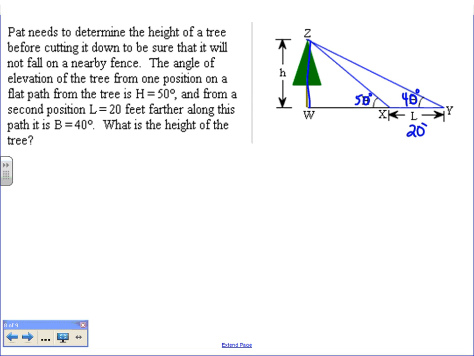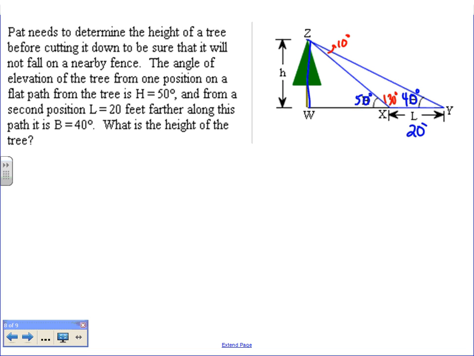Now here's my idea. All right, this angle here would be 130. Everybody follow that? Okay. And so what would be this top angle at C? Not the whole thing, but the smaller one. Yeah, it would be 10 degrees right there. Okay, so here's my idea.